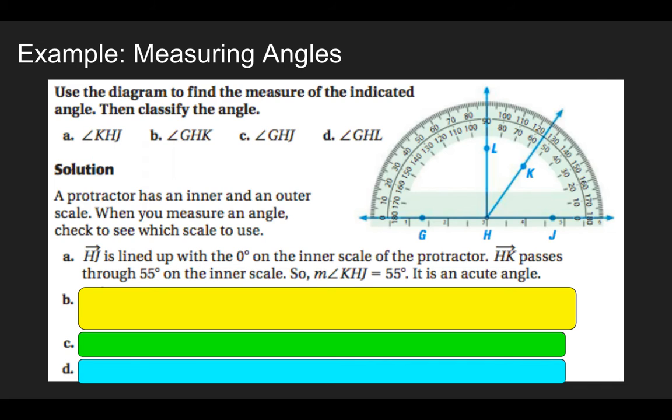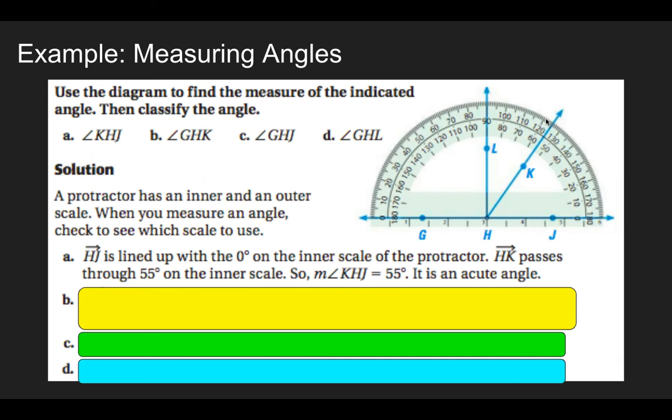Next, let's look at GHK. HG points at 0 on the outside number of the protractor. So I'm going to stick with the outside numbers for this one. And I'm going to go around the protractor until I find where HK runs into the outside numbers.